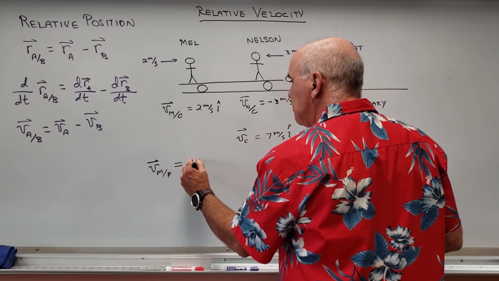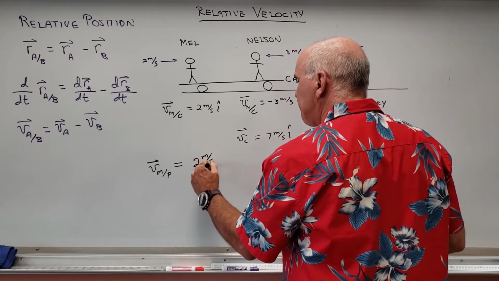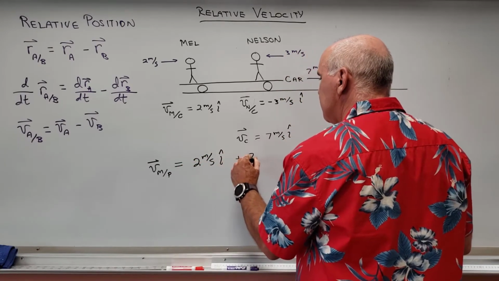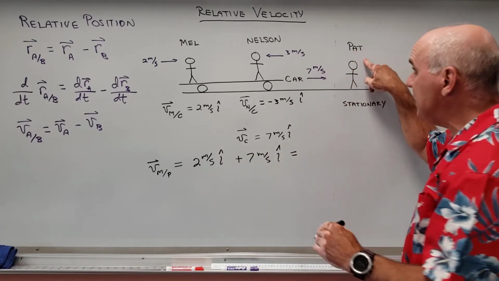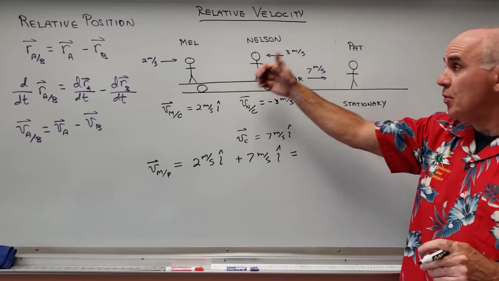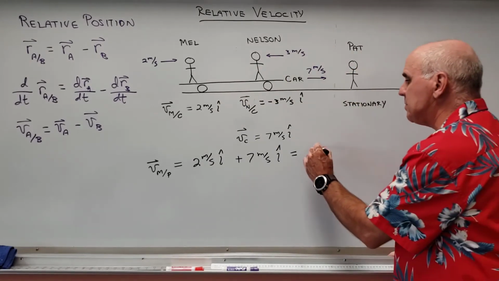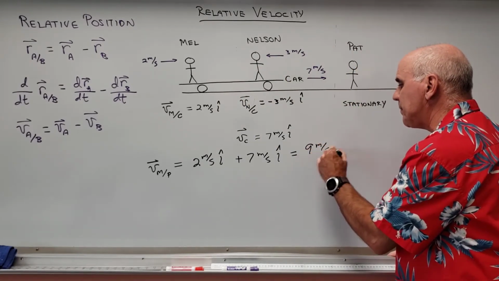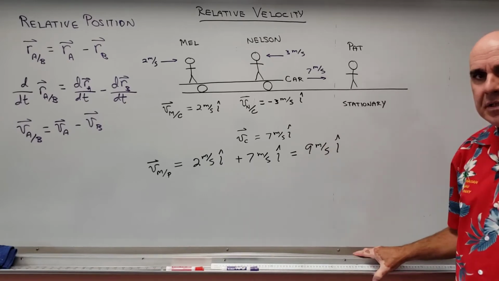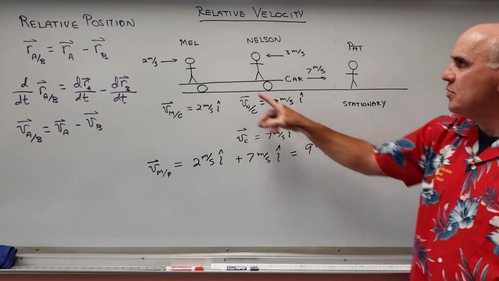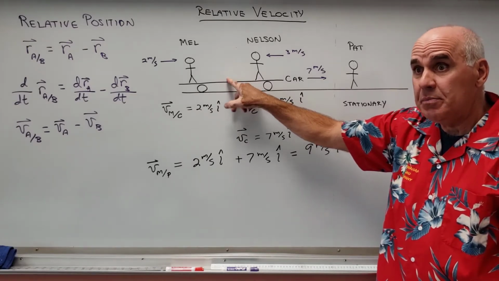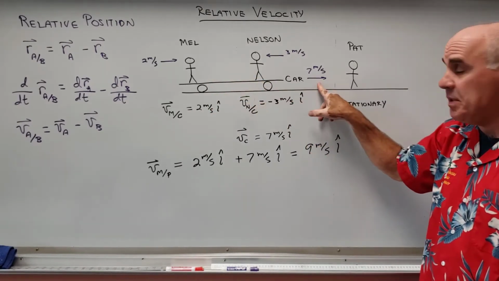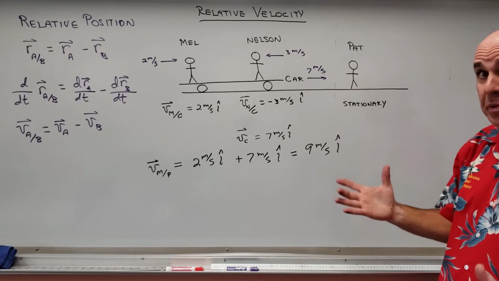I'm going to get 2 meters per second i hat, plus 7 meters per second i hat. And so Pat is seeing Mel move towards Pat at 9 meters per second in the i hat direction. Right? So 2 meters per second faster than the car because it's on the car, plus the speed of the car. That makes a lot of sense, I hope.